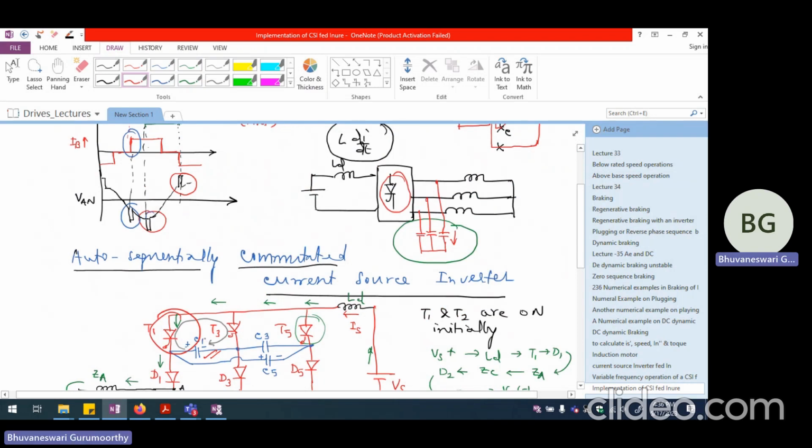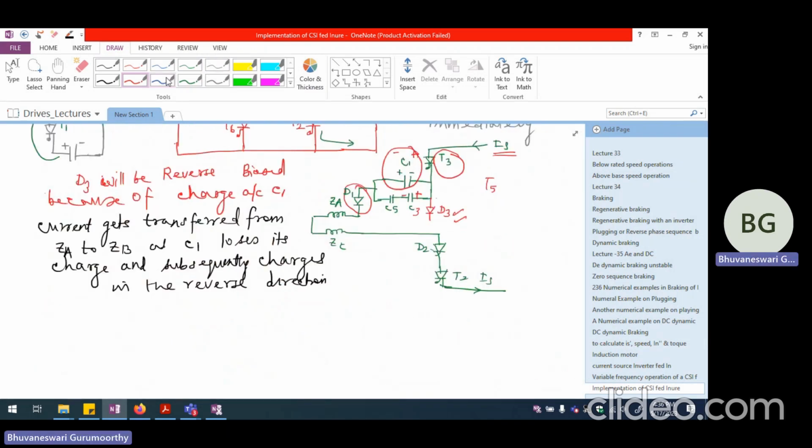And C1 will invariably be a large value to ensure that this particular thyristor remains reverse biased for at least a duration equal to the turn-off time of the thyristor. That is one reason why current source inverter fed drives are generally not operated at very high frequency.